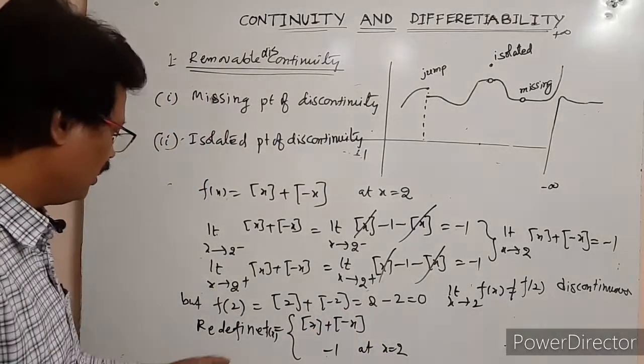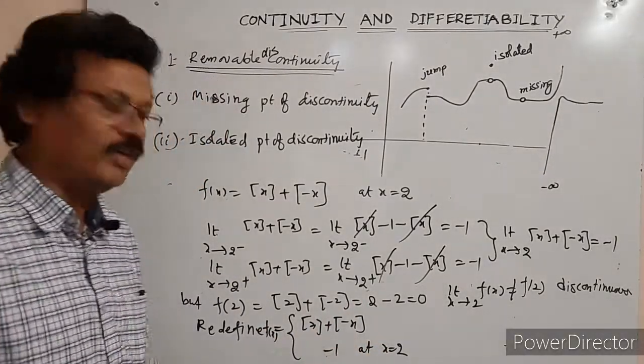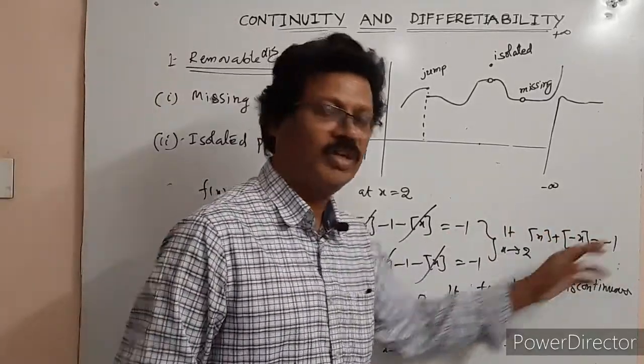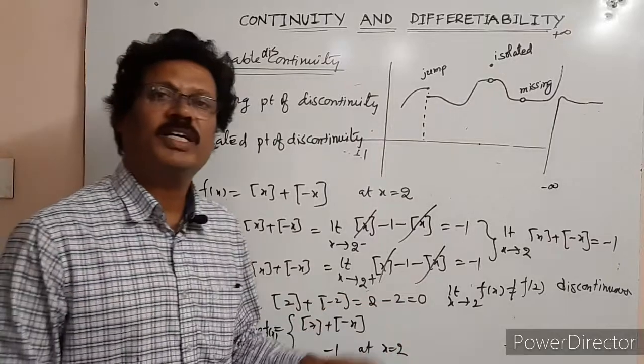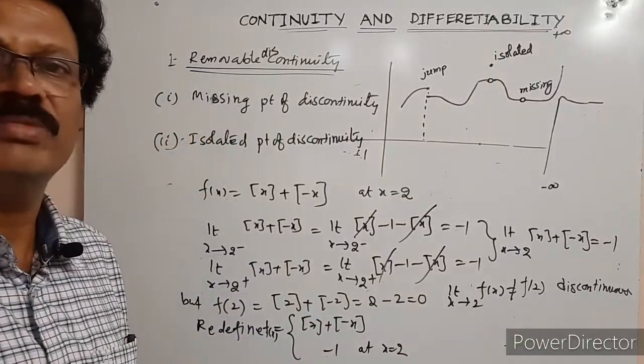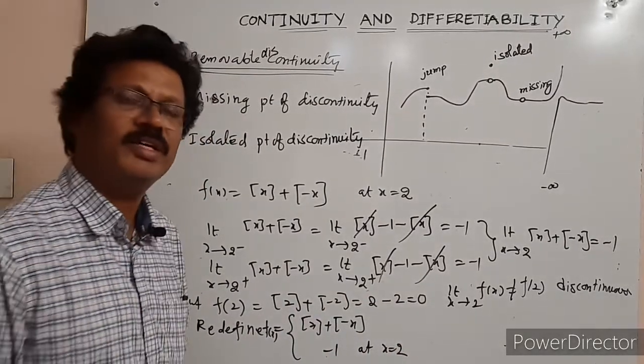Now this f of 2 we are writing as minus 1, therefore the limit is equal to minus 1, and f of 2 is also minus 1, therefore it becomes continuous.